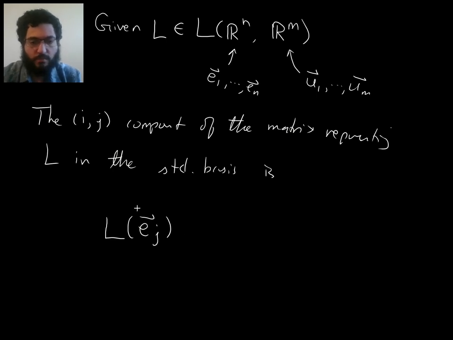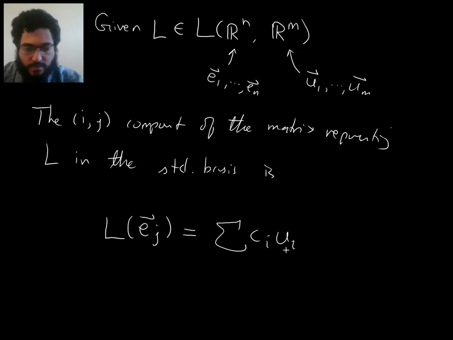So one way to get the ith component, well, what would you do? You would write it as a linear combination of these u's, right? So maybe you would write it as the sum of C_k U_k, from k equals 1 to m. And then you would say the ij component is C_i here.